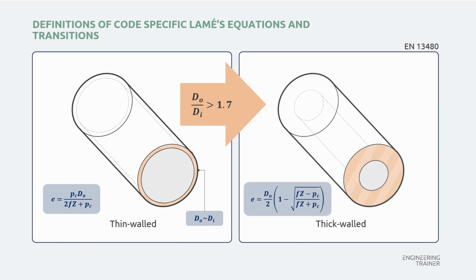Then the thick-walled relation should be used, which is more complex than the thin-walled relation and is based on Lemay's equation. To get a feel of the corresponding wall thicknesses and pressures related to the transition to the thick-walled relation, let's have a look at an example.